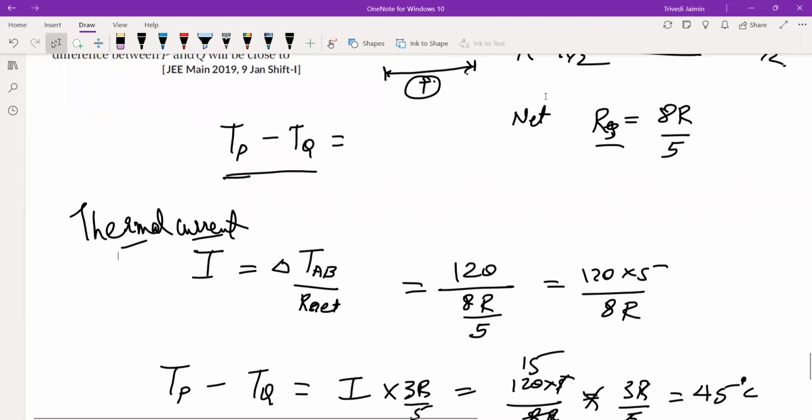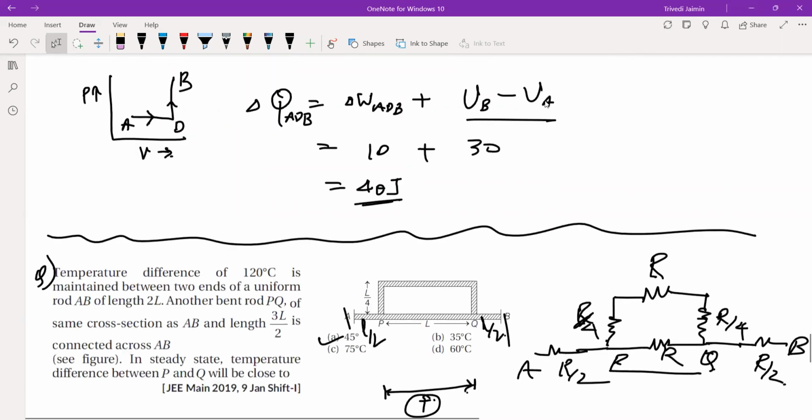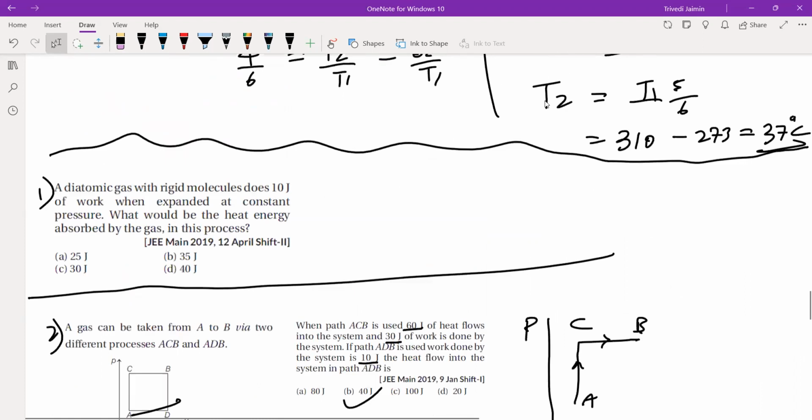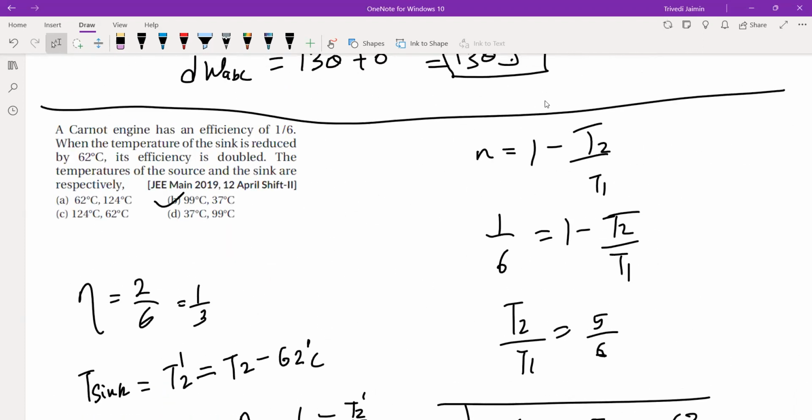Okay, let's go for next question then. Have we done Carnot engine? Didn't start, right? Did any Carnot cycle question? Yeah. We did for 12th April, second shift. Let me see which is that.